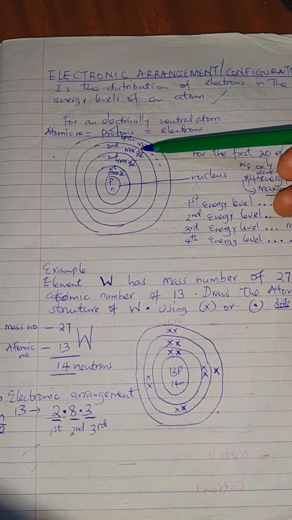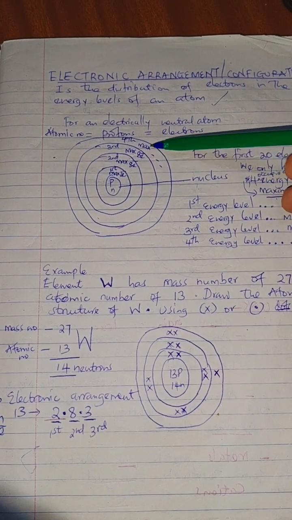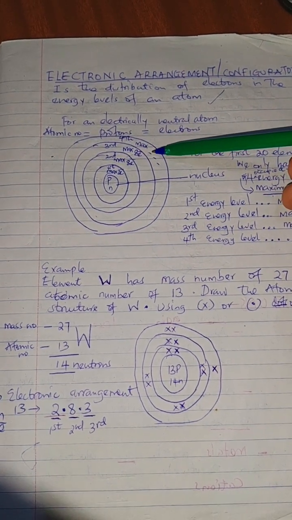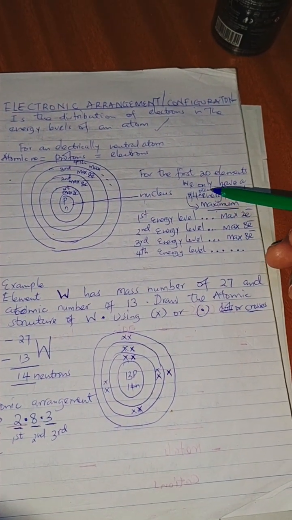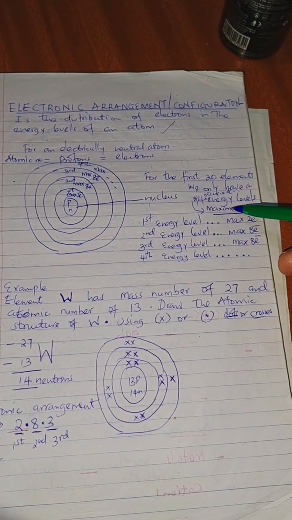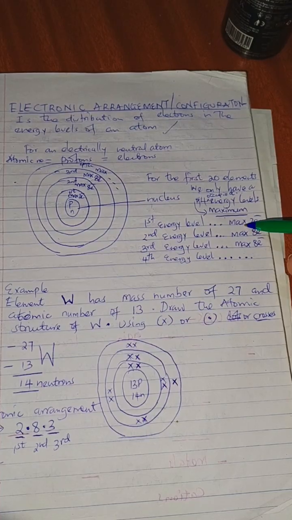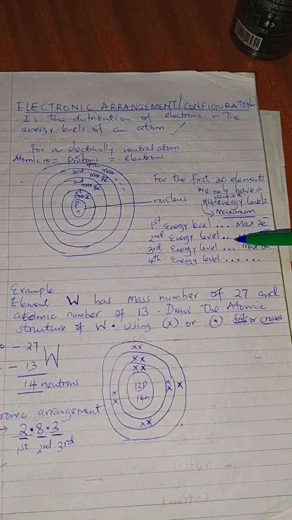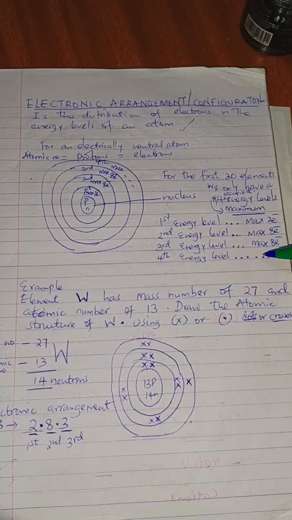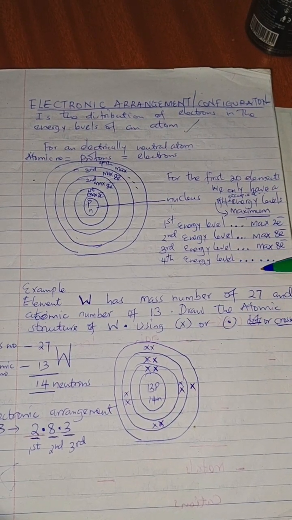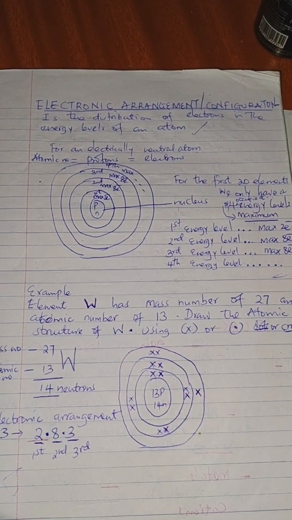The fourth, because we are talking about the first 20 elements, we don't go much to the fourth energy level. For 20 elements, we have only 4 energy levels. First energy level, maximum 2 electrons. Second energy level, maximum of 8 electrons. Third energy level, maximum of 8 electrons. Fourth energy level, we don't dwell much on that.